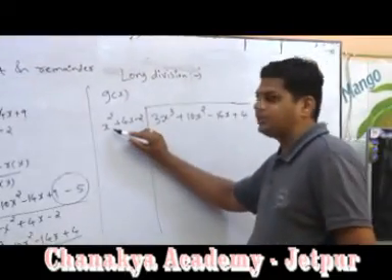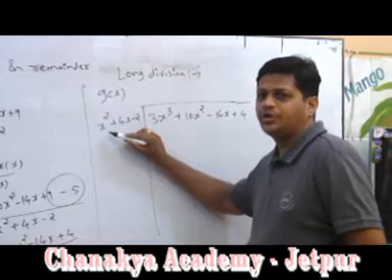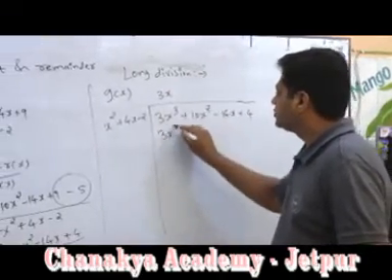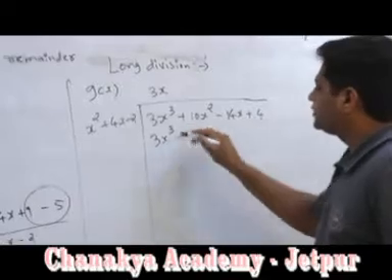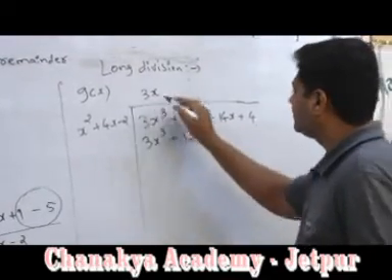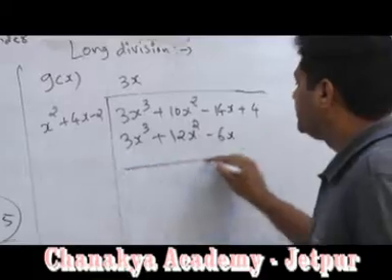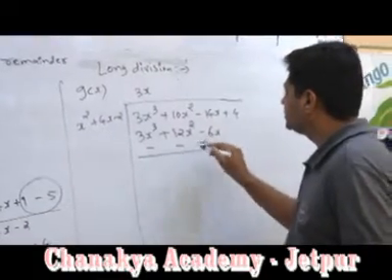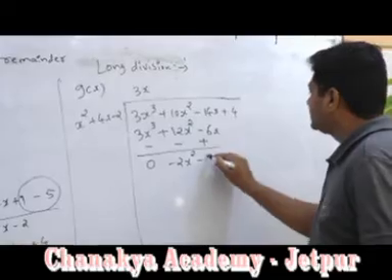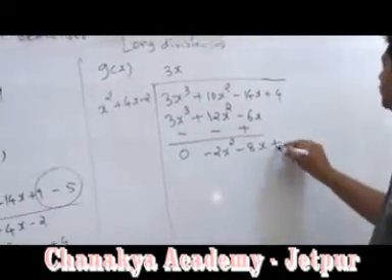First of all, we should think with which term we should multiply x square to obtain 3x cube. It will be 3x. 3x cube plus 12x square minus 6x, changing sign: minus, minus, plus, 0, minus 2x square minus 8x plus 4.